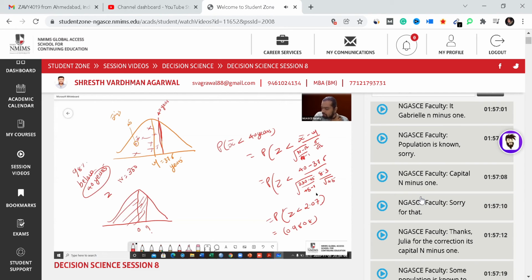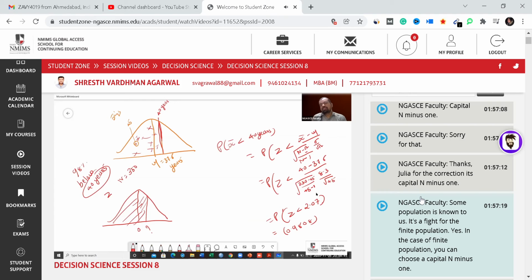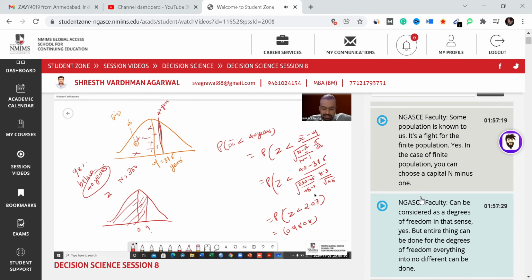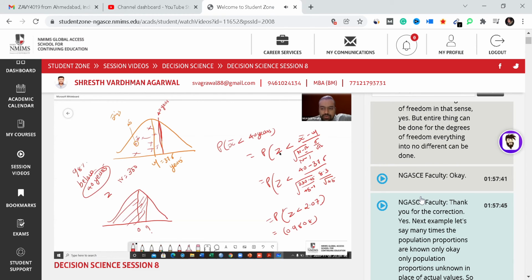Thanks, Aishwarya, for the correction. It's for the finite population. In the case of a finite population, you can choose capital N minus 1, which can be considered as degrees of freedom in that sense. Entire notation can be done for the degrees of freedom.